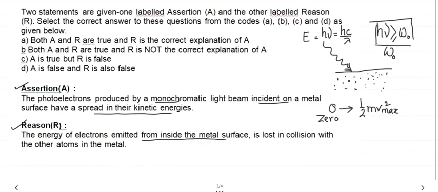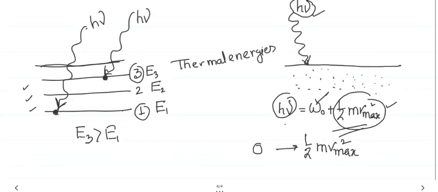Is it quite possible? It is quite possible, because just try to understand that maybe the electron which is at a lower value of energy, let us say E1, which is a very low value of energy. When it gets that amount of energy hν from the photon, W naught is used up as the work function, and the rest of the energy, ½ m v_max², is used up in overcoming all these collisions.